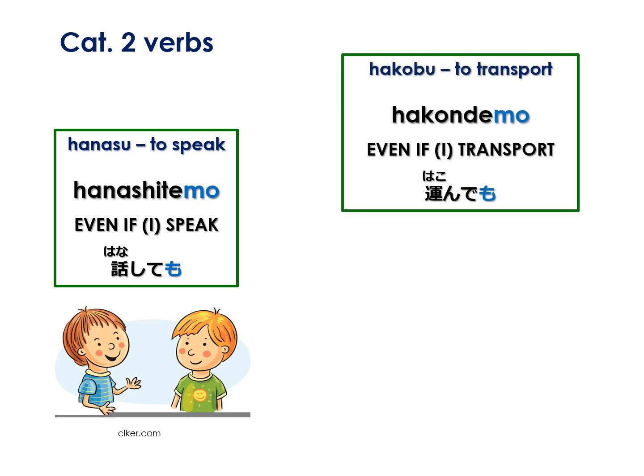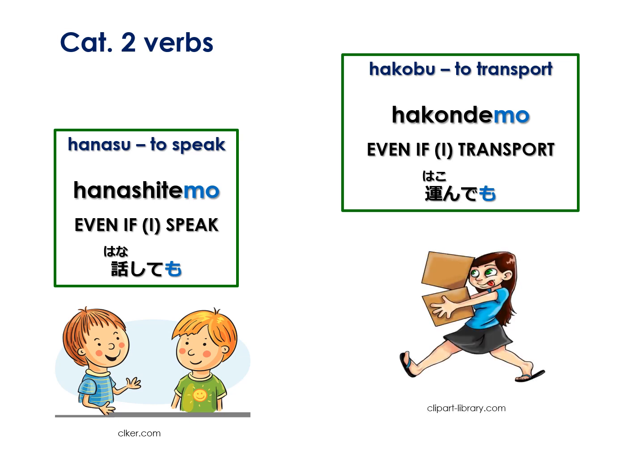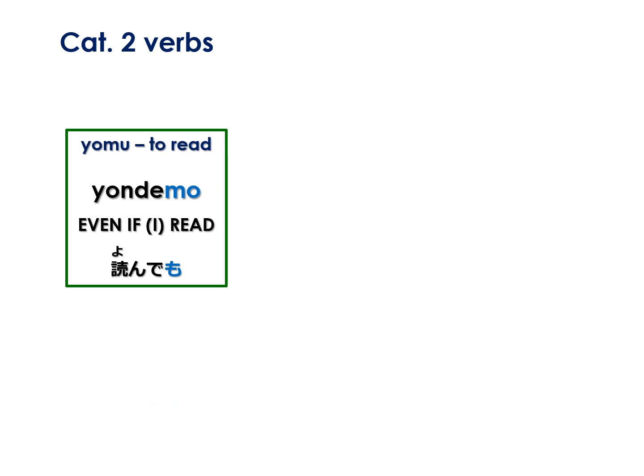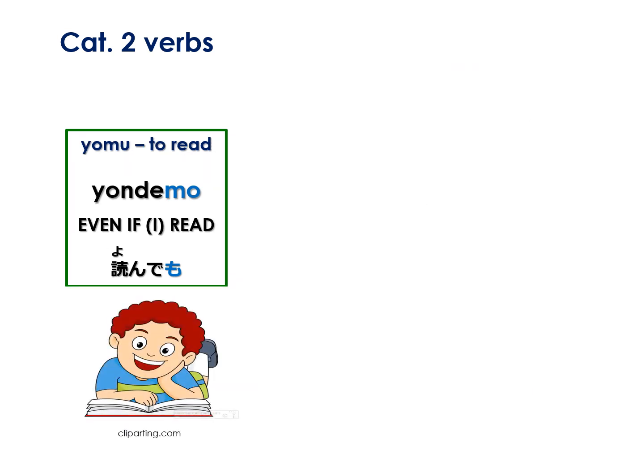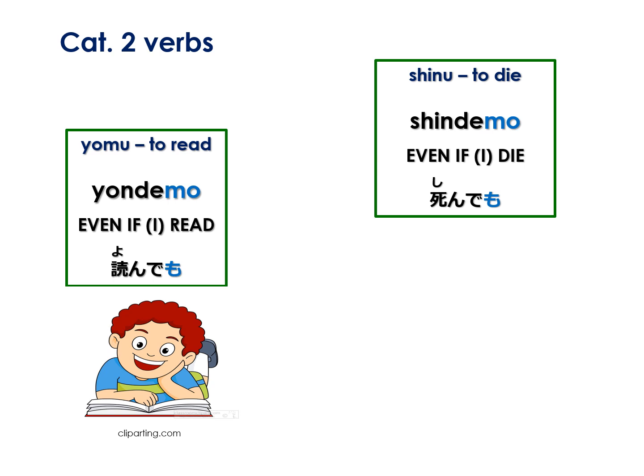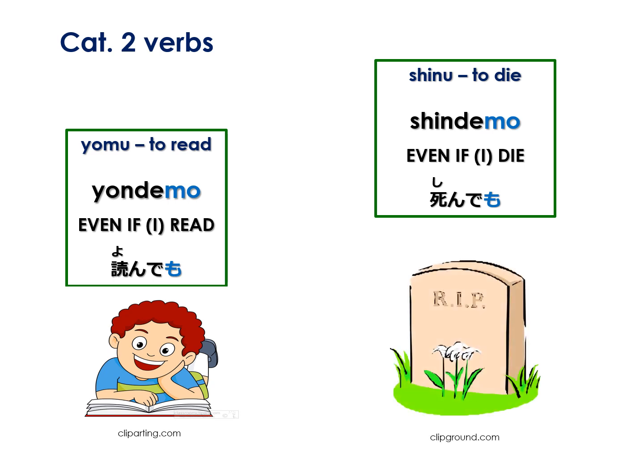Hakobu means to carry or transport. Hakondemo means even if I carry or transport something. Yomu means to read, and yondemo means even if I read. Shinu means to die. Shindemo means even if I die.